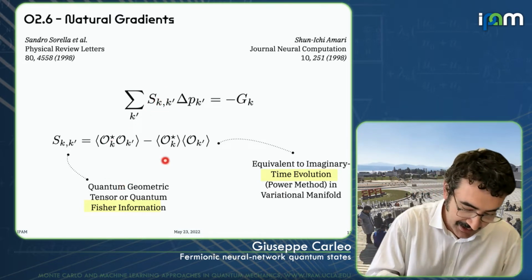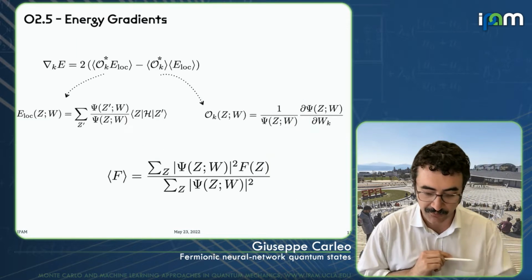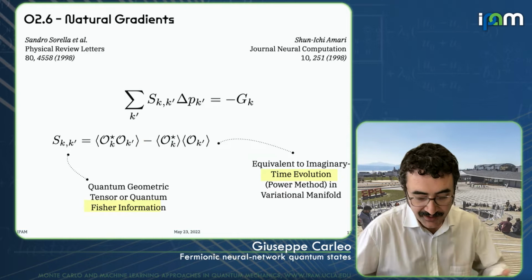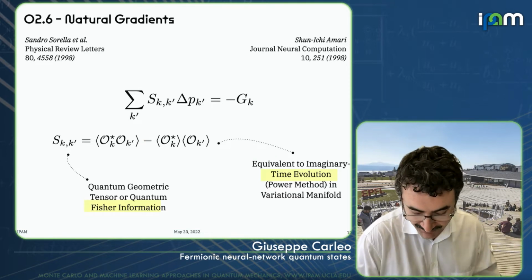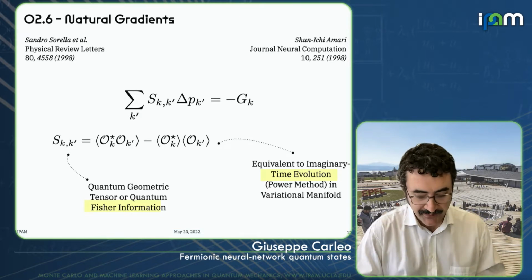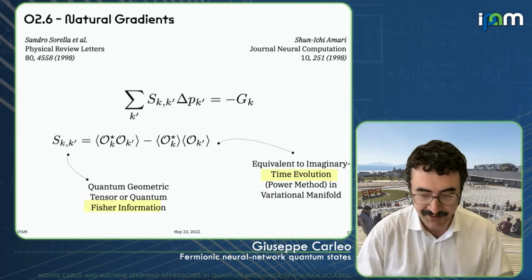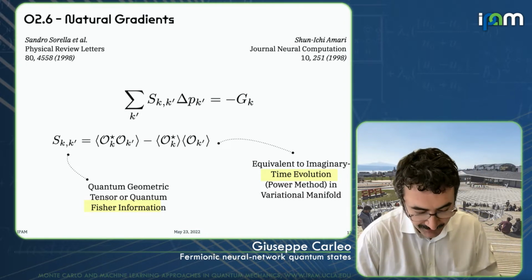It's this quantity that you can see here, where O are the gradients of your wave function. And this is extremely efficient because it mimics in the variational subspace imaginary time evolution, or the power method. And typically it will converge faster than standard stochastic gradient descent or other methods.